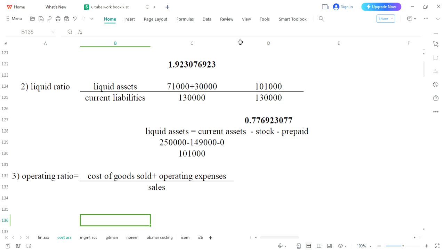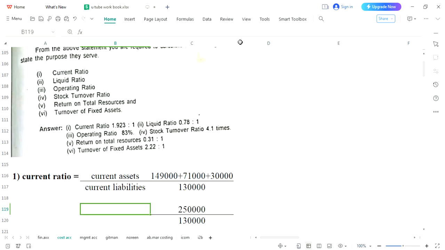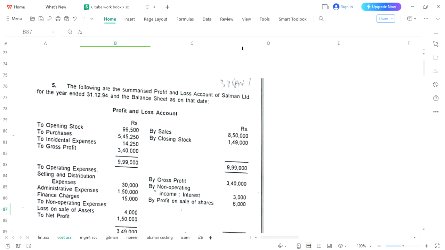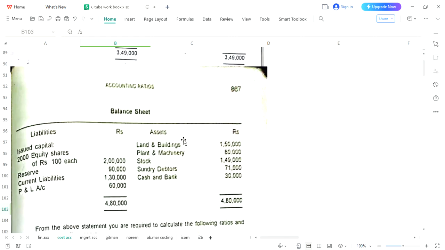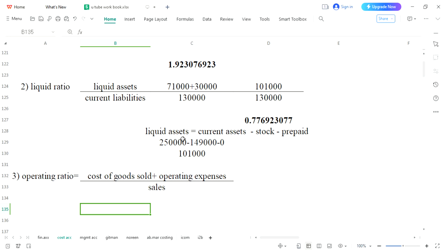Now there are two methods which we will discuss over here. Look at the first page of the question. Here you will find your cost of goods sold. Again, there are two methods. You know it very well. We have the previous chapter on cost of goods sold.